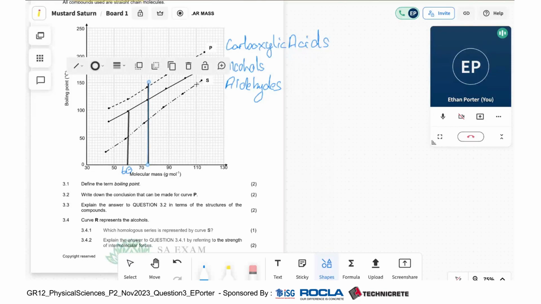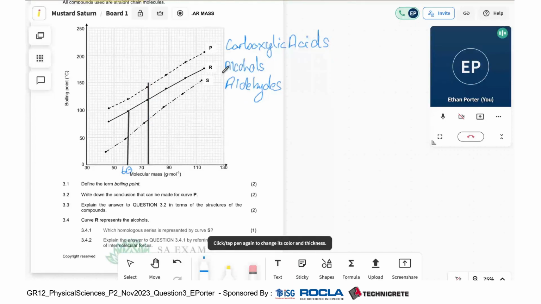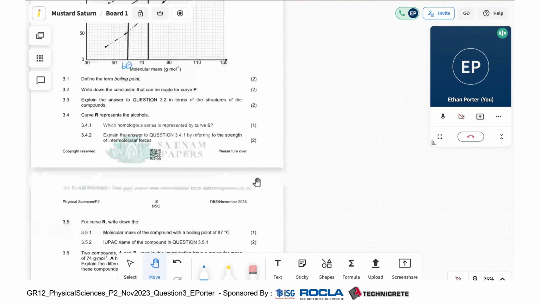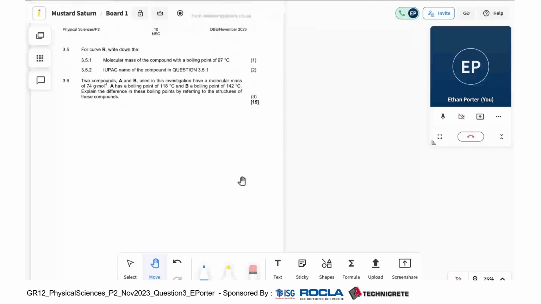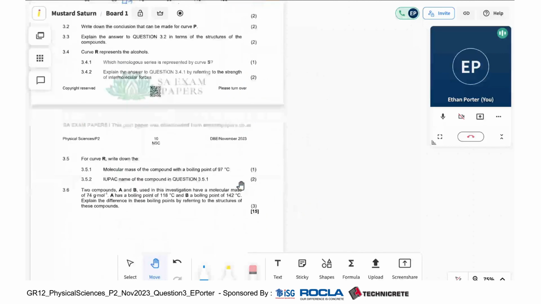And we can see that for the compounds A and B, one is an alcohol and one is a carboxylic acid, because there's no point lining up with our line for the aldehydes. So this helps us. We already know they're referring to a carboxylic acid and an alcohol.